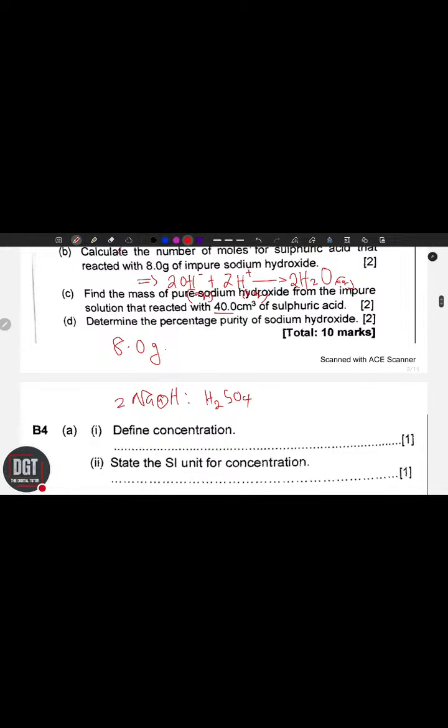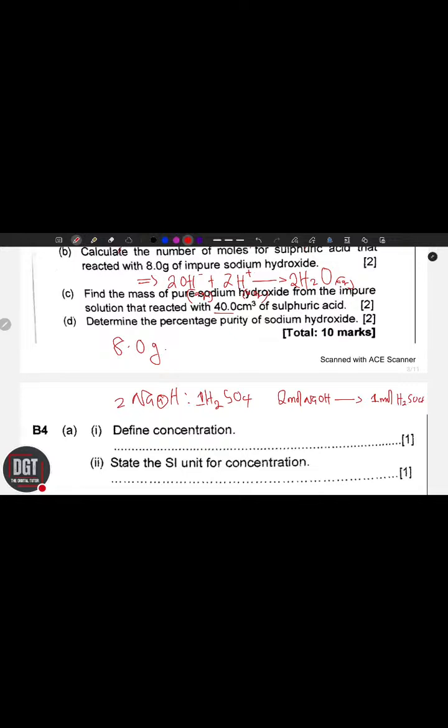So now, what are we going to do? We are going to find the number of moles of sulfuric acid, so that we can use mole to mole. And in this case, it's going to be 2 moles of sodium hydroxide reacting with 1 mole of sulfuric acid.